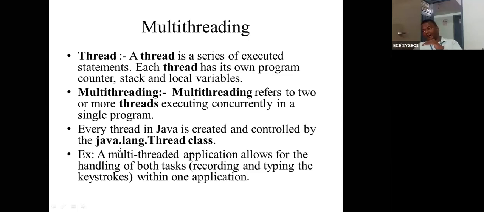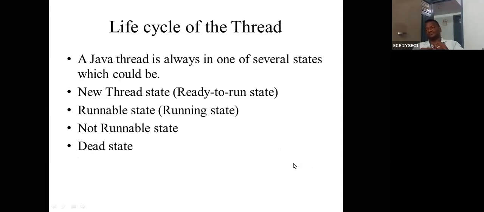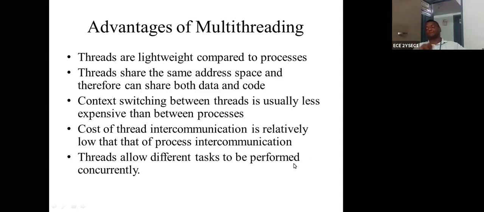I want to explain the advantage of multitasking. Multitasking can be performed in two ways: one is multi-threading, another is multi-processing.